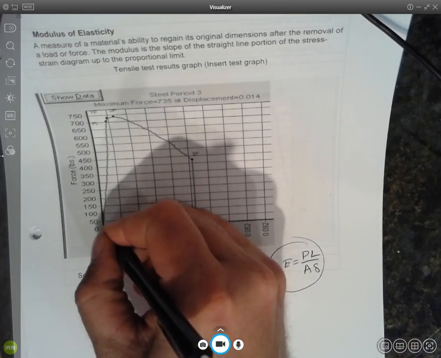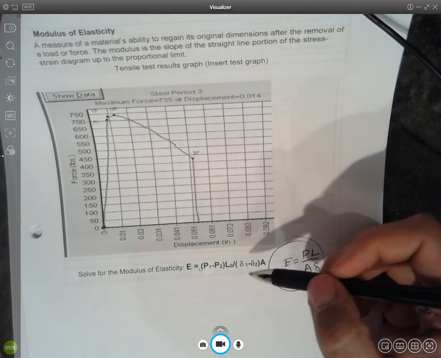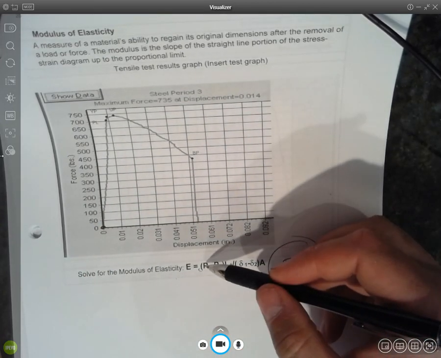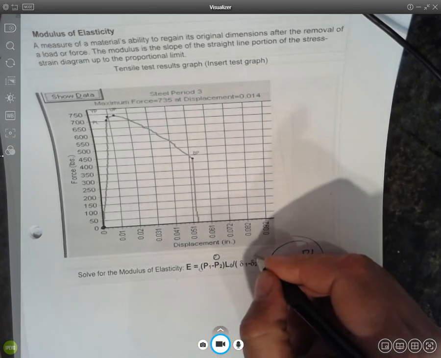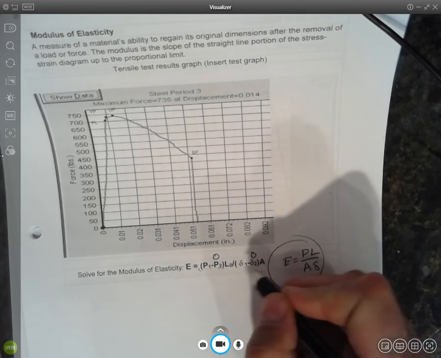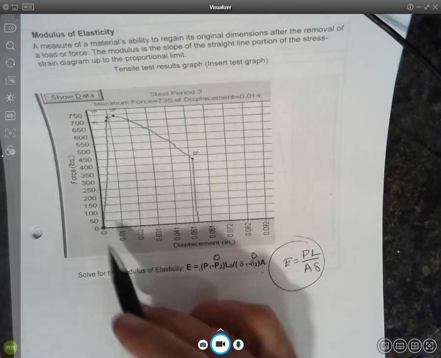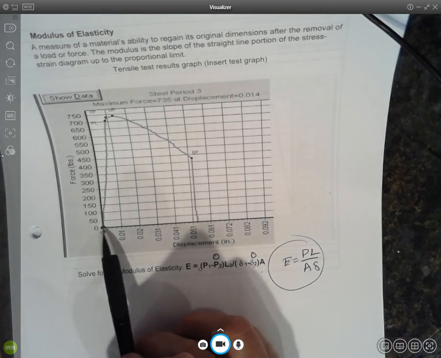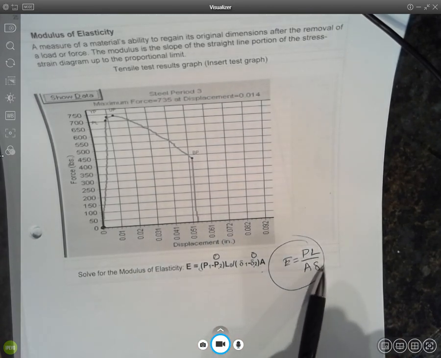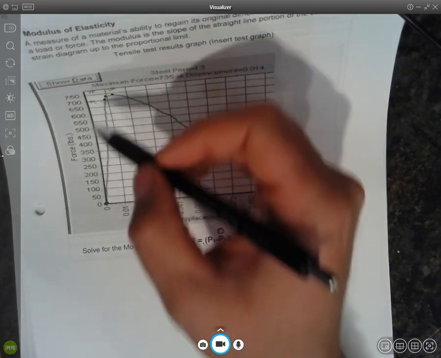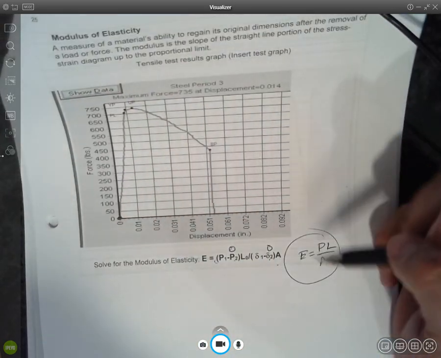And the other thing is we're going to use 0, 0 because that's where we start as one of these points, right? So anything minus 0 is itself. So if I use P2 delta 2 as 0, 0, then really I'm just doing PL over A times delta. And I'm going to just pick an easy point.